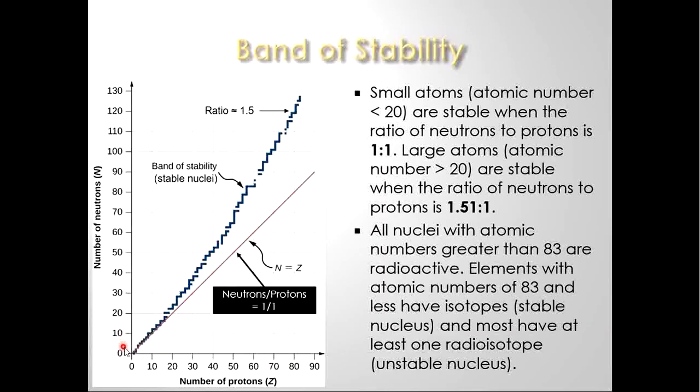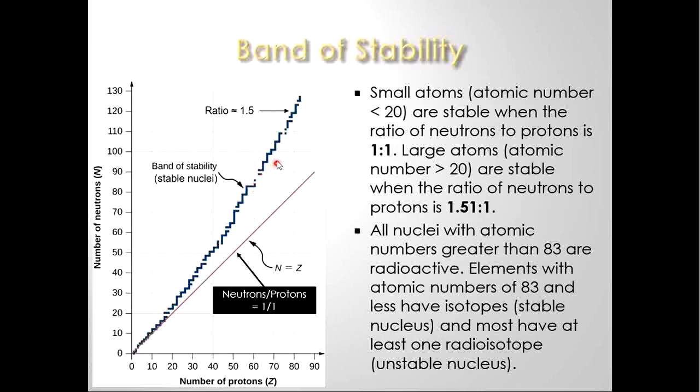Now this is a band of stability graph. What this is showing us is that small atoms, which are considered any atomic numbers less than 20, are stable when the ratio of neutrons to protons is 1:1. Okay, and so that's what this red line is showing us. And then large atoms, so atomic numbers greater than 20, are stable when the ratio of neutrons to protons is 1.51 to 1.